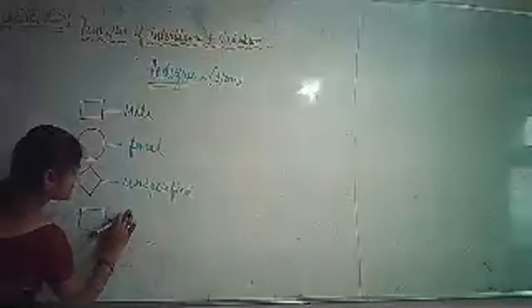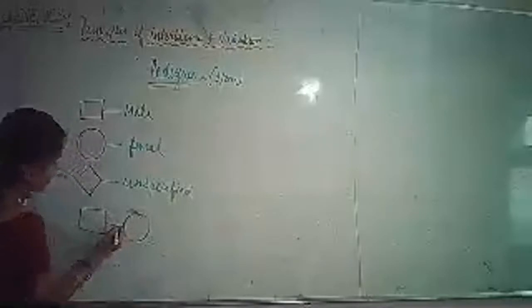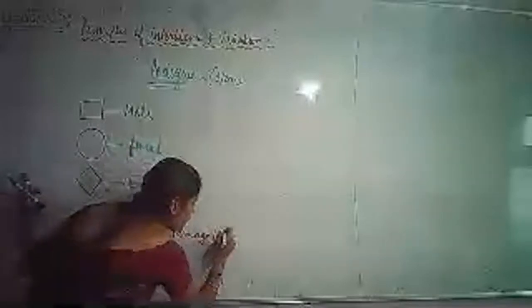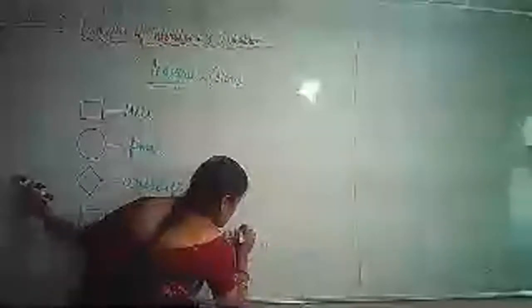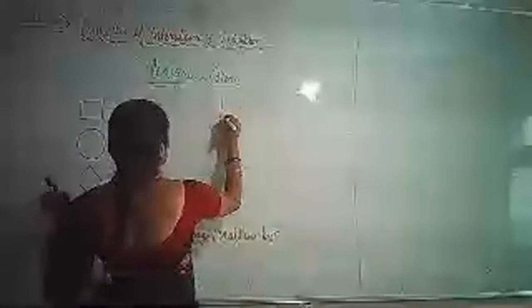We are representing the symbol, and then there is a line joining these two, which is a marriage or mating between individuals.